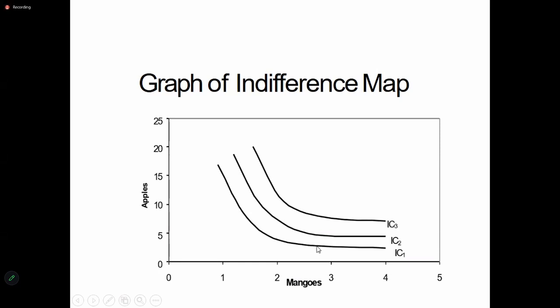When it moves up, it means more satisfaction. IC3 gives more satisfaction than IC2, and IC2 gives more satisfaction than IC1. I think it's also clear. If you have any questions, please ask.